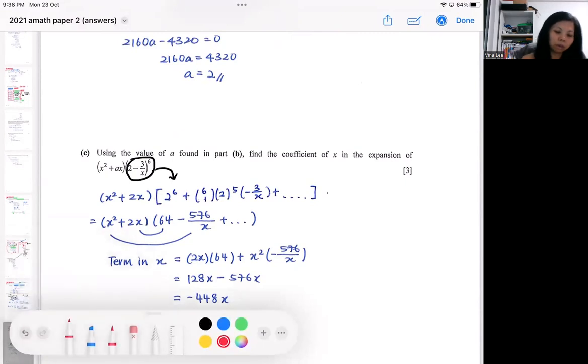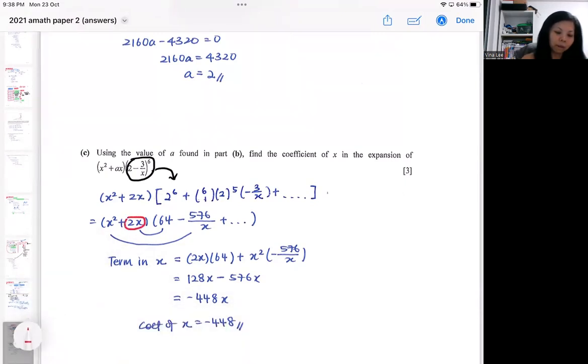We got a 2x, so apparently I need a constant. We got an x squared, so I will need something over x so that it can be cancelled and I'll be left with an x. So you just do your basic expansion that is sufficient for you to get the coefficient of x with the value of A that you have found.